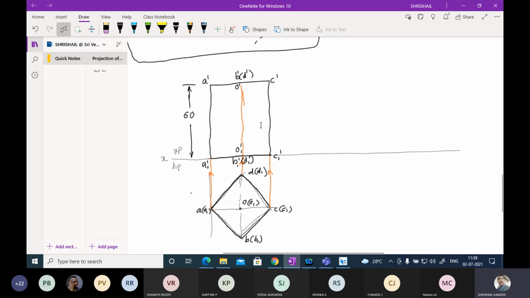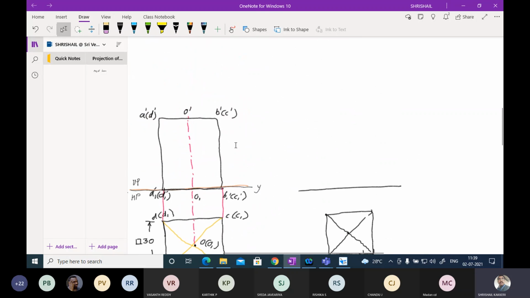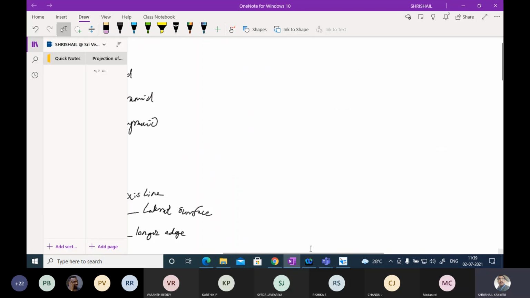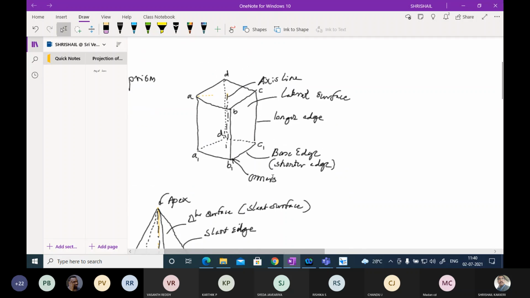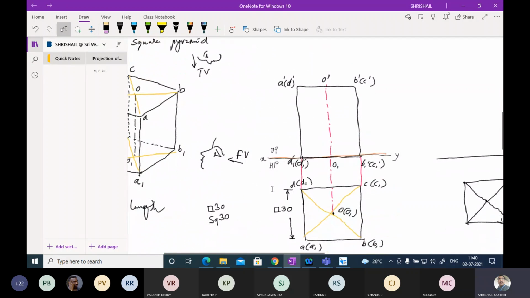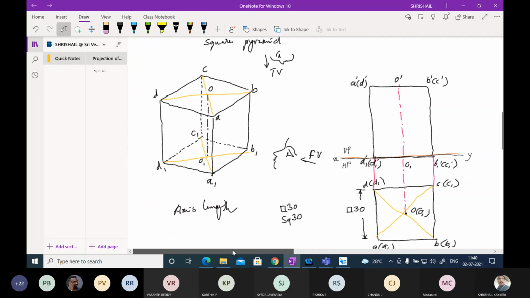Okay, already I shown here. You can look at the figure which I have drawn. Look here. This is A, and A1 here.